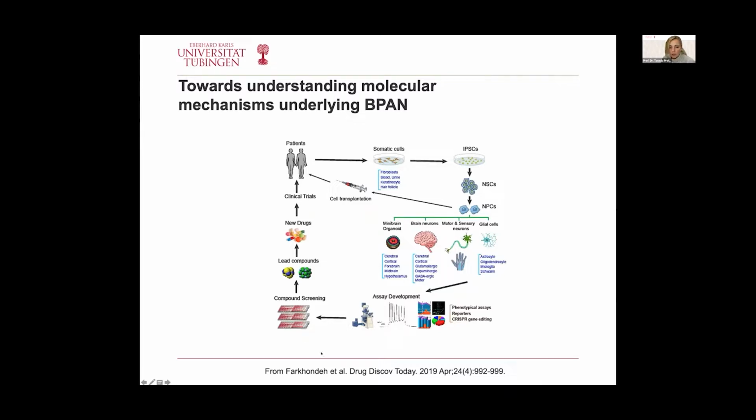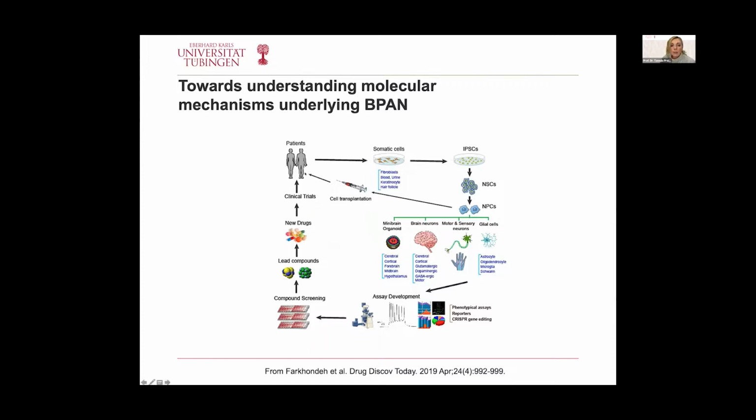This is not our scheme, this is from this review here. As the speakers that will follow, Robin and also Mario, we will go ahead to address the question, what is the mutated WIPI4 WDR45 function in patient-derived cells?